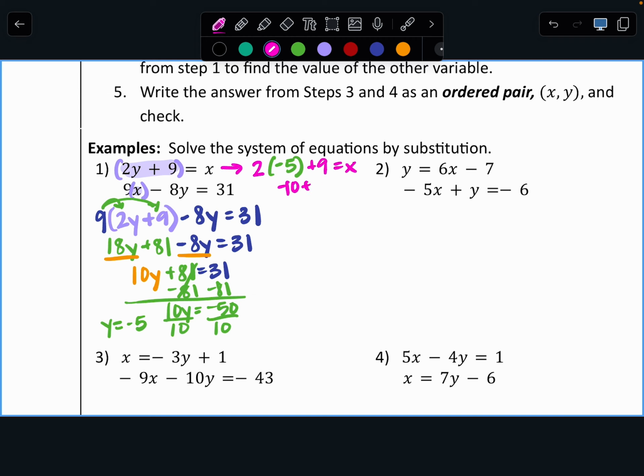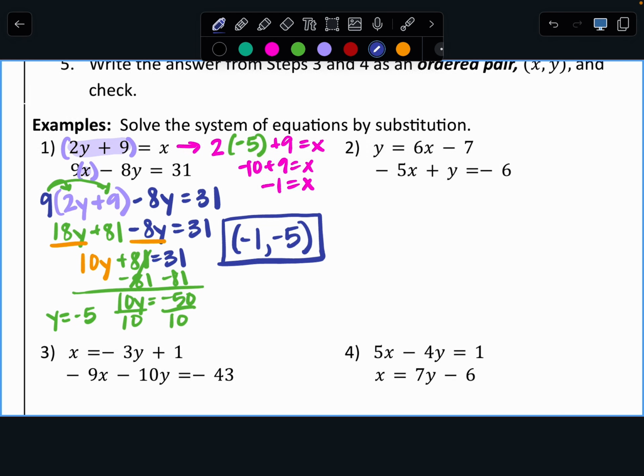So negative 10 plus 9, x is negative 1. So my final answer is the ordered pair negative 1, negative 5. Remember, it's always x, then y. So if I graphed those 2 equations, negative 1, negative 5 is where those lines would meet.